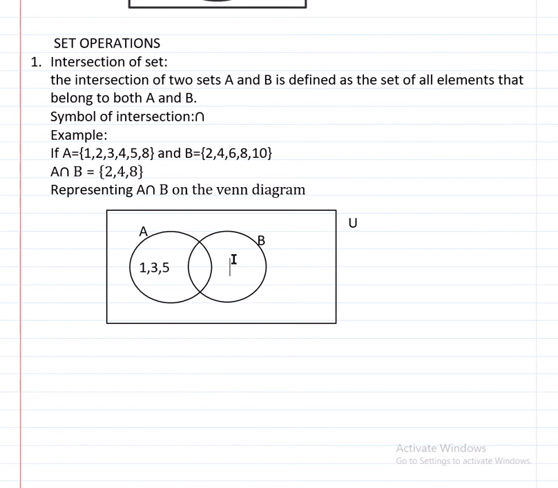So we come to set B. 2 is intersecting, 4 is intersecting, so we start with 6, we have 8, 2 there, and then we write 10. Then we come to our intersection.